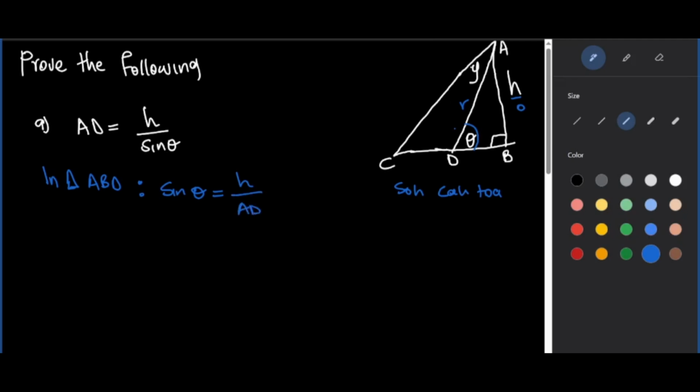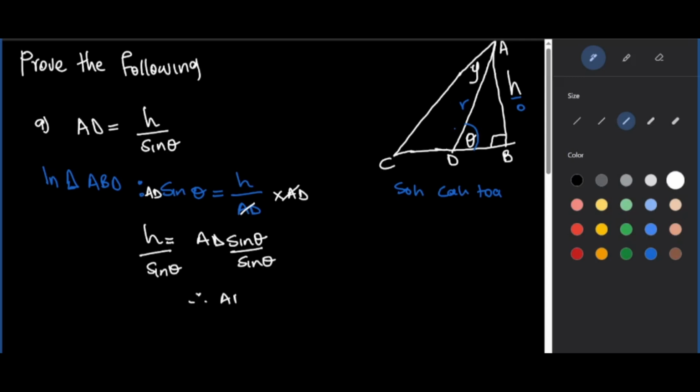Now the aim is to make AD the subject of the formula. We can just cross multiply: multiply this side by AD and that side by AD. Then h equals AD sine of theta. But remember, we are looking for AD, so I'm going to divide both sides by the sine of theta.